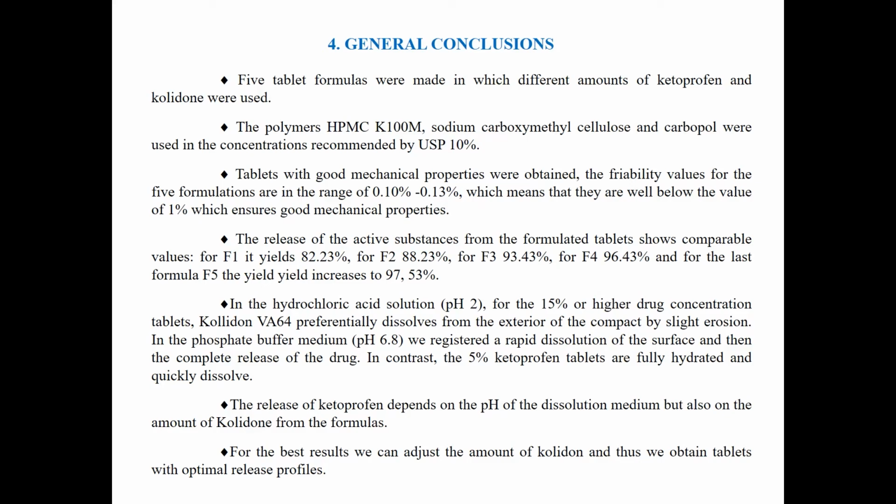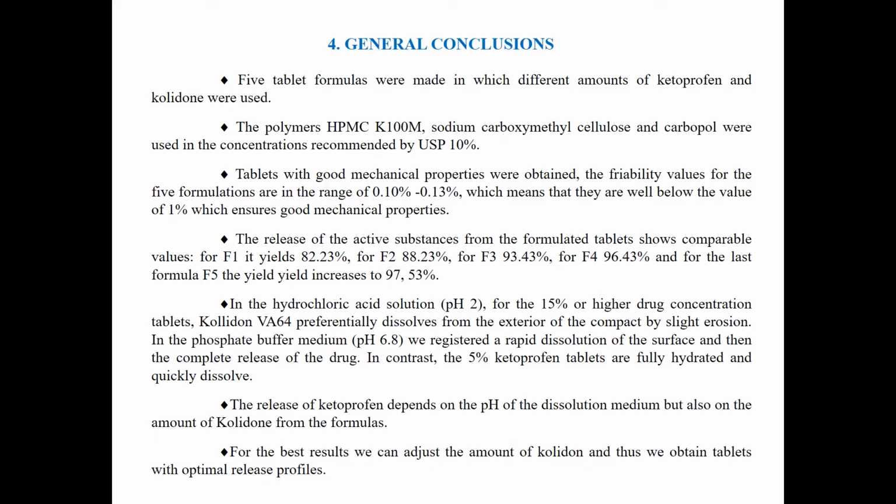In conclusion, we formulated 5 different kinds of tablets with different amounts of ketoprofen and kollidon. The polymers like hydroxypropyl methyl cellulose, sodium carboxymethyl cellulose, and carbopol were used in the concentration recommended by the United States Pharmacopoeia, 10%.